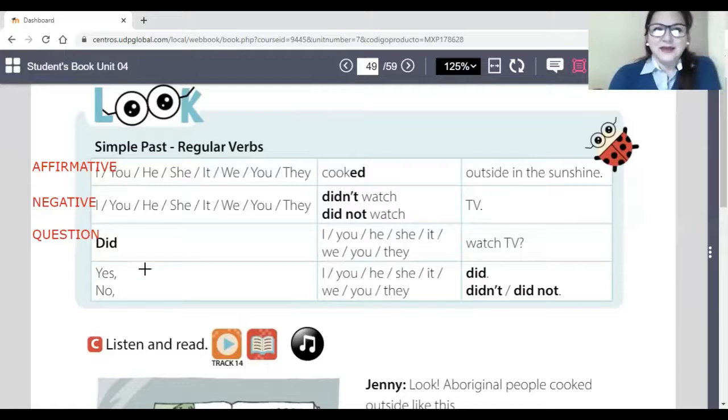Yes is affirmative and no is negative, okay?